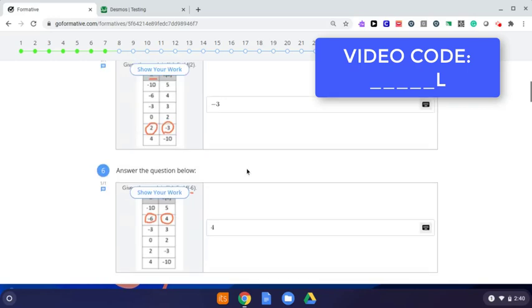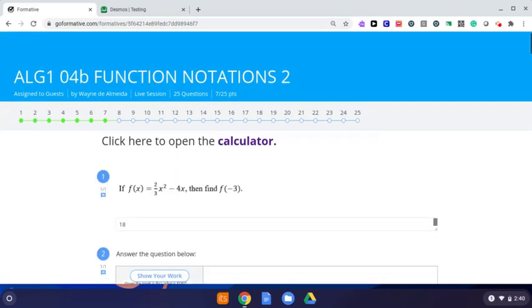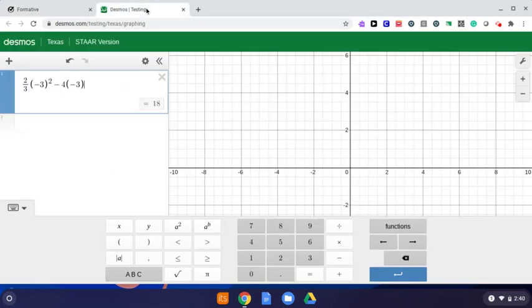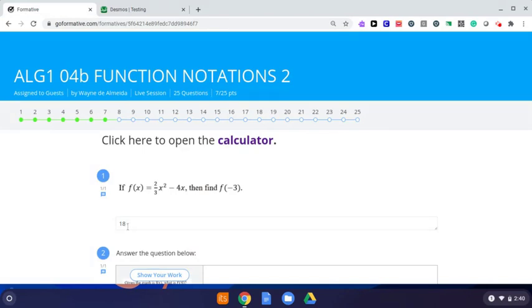So please notice that today we talked about function notation using an equation. Remember to write down the equation, put parentheses around the x, and then replace the x with the value that is given. Make sure you use a piece of paper, and then go to your calculator, write carefully. When you get an answer, come back and type the answer here.